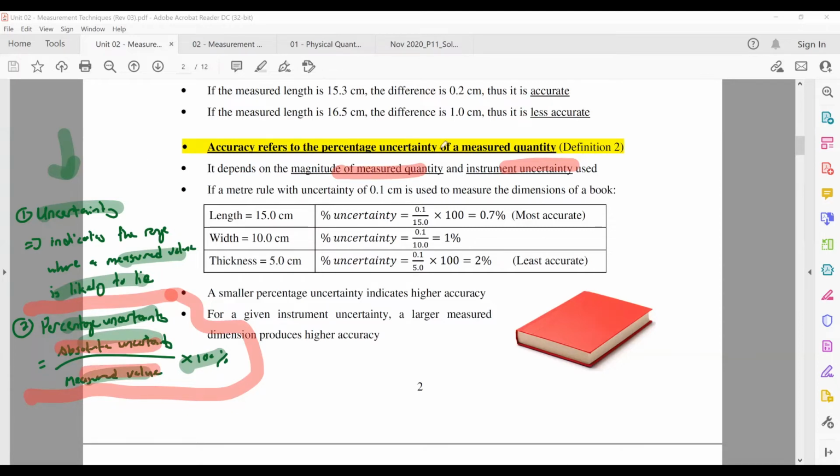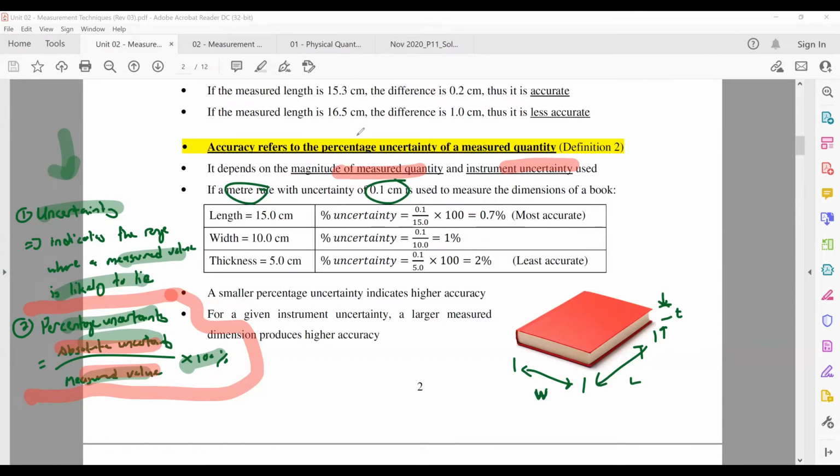All right. So say for example, right now you have a book and you want to measure the different lengths of the book, the different dimensions of the book. You want to measure, say, the width, W, the length, L, and then the thickness, T. So you use a meter rule with an uncertainty of 0.1 centimeter.